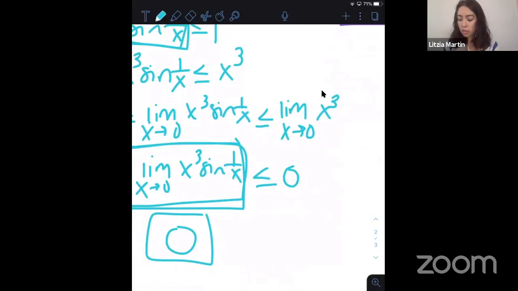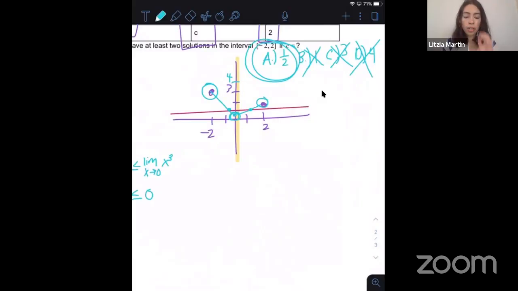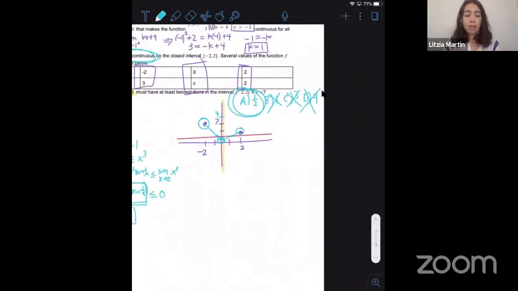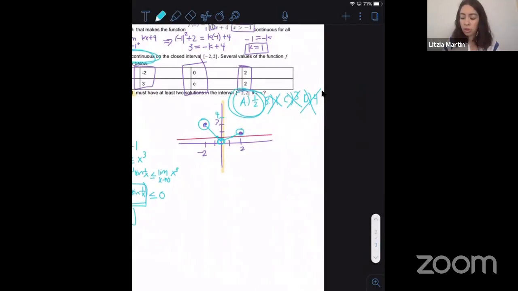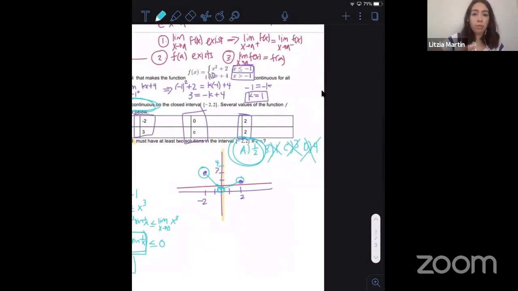So this was just kind of like a quick overview of the different limits and continuity topics and kinds of questions that you may see on the AP exam. The free response questions are going to be kind of bits and pieces of a lot of different things. So number 5 could be a piece of one of the free response questions.